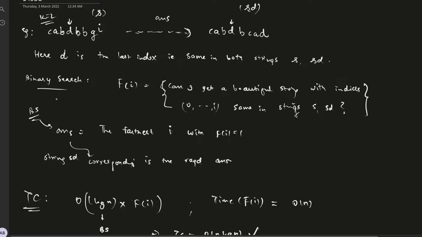So let us define f of I as: can we get a beautiful string with indices 0 to I?